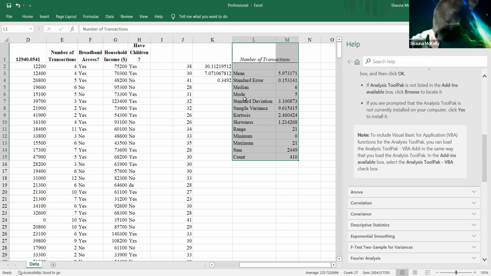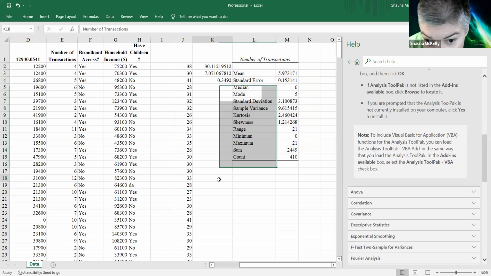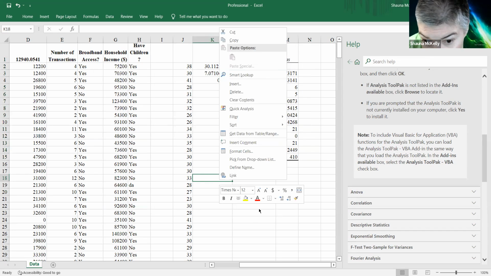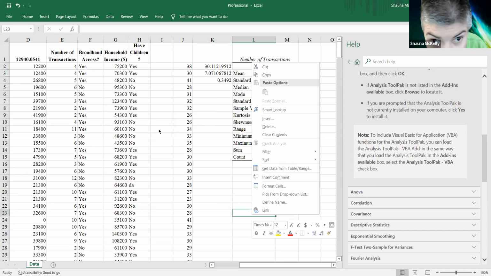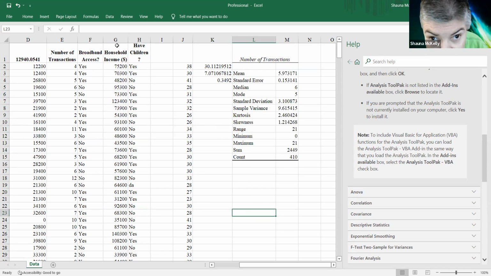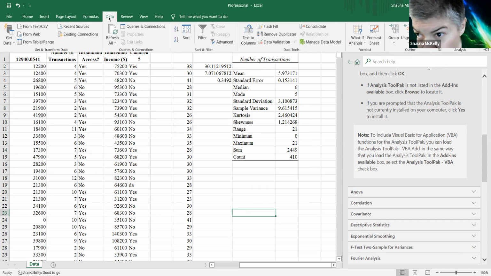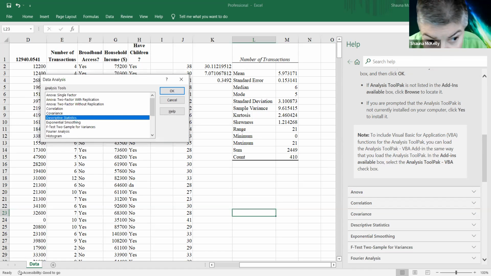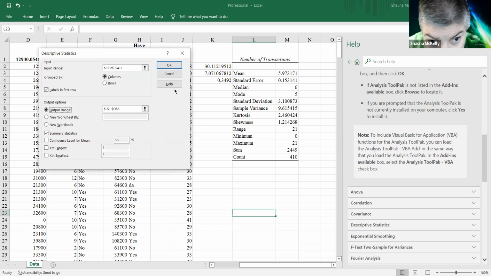And then the household income. So you can repeat it for this. So if you go to data, now that your tool pack is installed, go to analysis, data analysis here. Go to your descriptive statistics. Click OK.